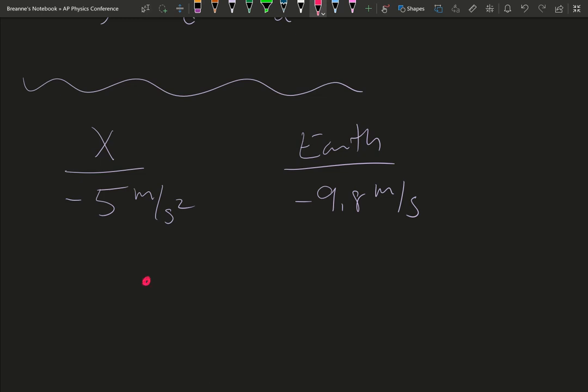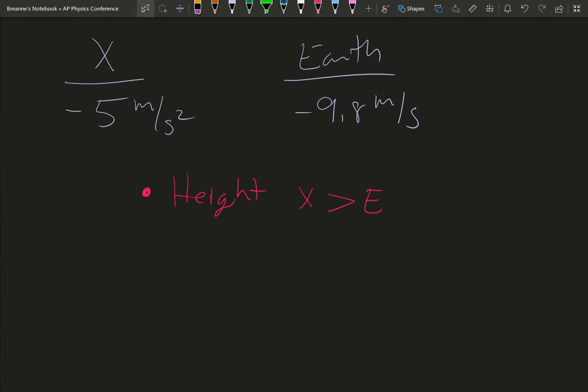If we talk about height, that's the first thing it brings up. Planet X compared to Earth, X is going to have a greater height than Earth because it's not pulling as much, so your rock is able to go higher. And again, it all goes back to Earth having a greater acceleration due to gravity.